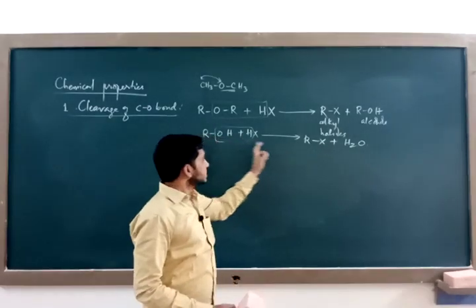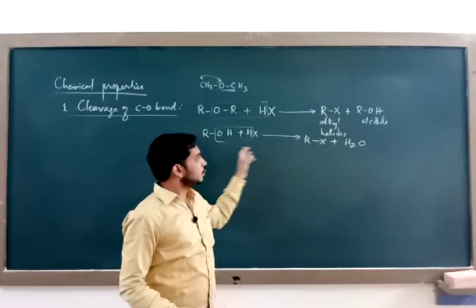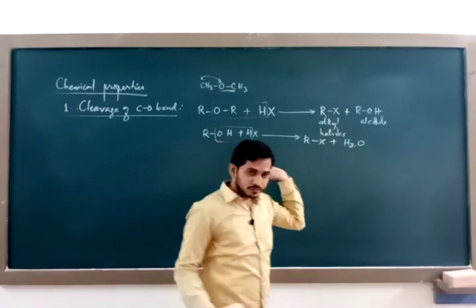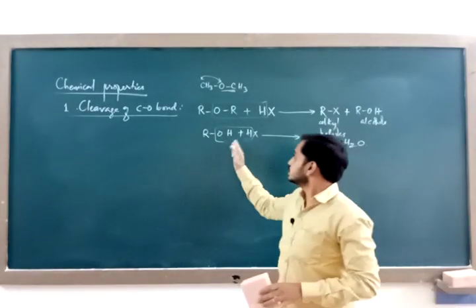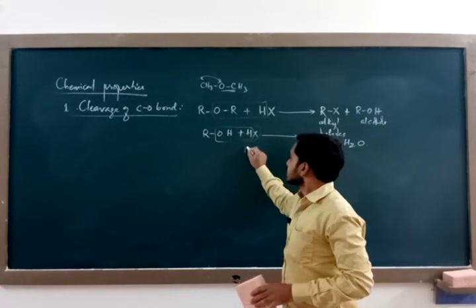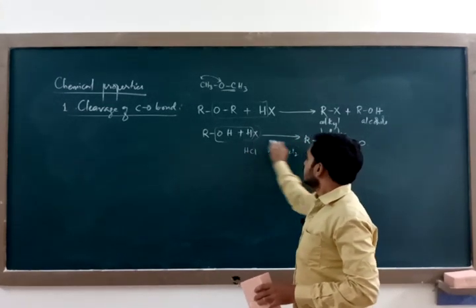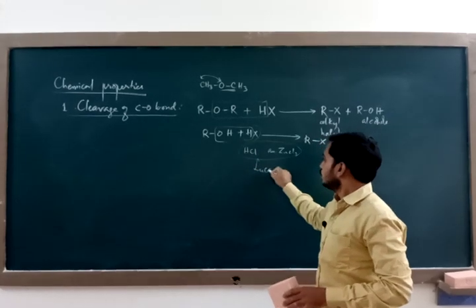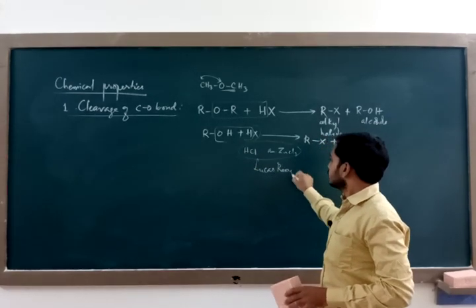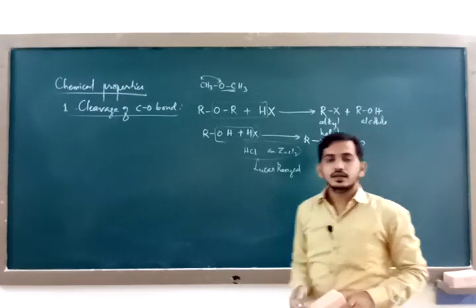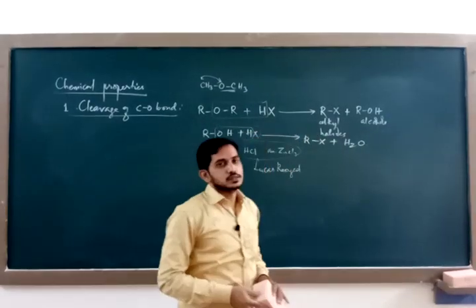The same we study in one of the chemical properties of alcohols also. That is, if this HX is HCl, then we write here anhydrous ZnCl2. Its mixture is called Lucas reagent, which is used to identify three different types of alcohols.